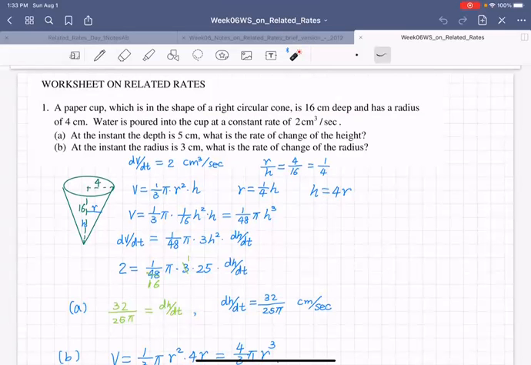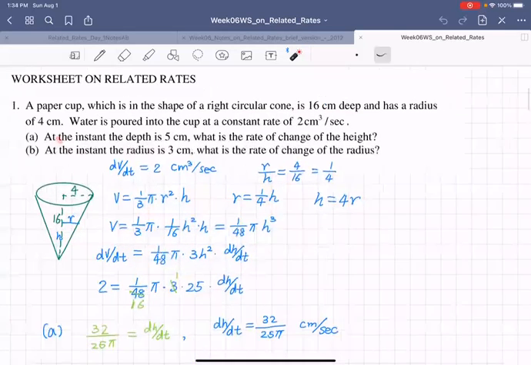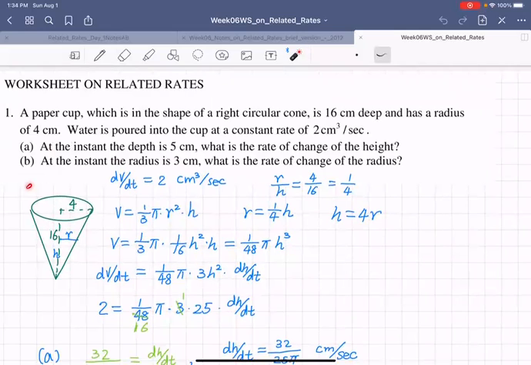Okay. Now, we were given a geometry shape again, and this is the cone. So we will draw this. The radius is 4. This is 16 centimeters deep. This is 4 centimeters. The water is poured into the cup at a constant rate of this, okay?